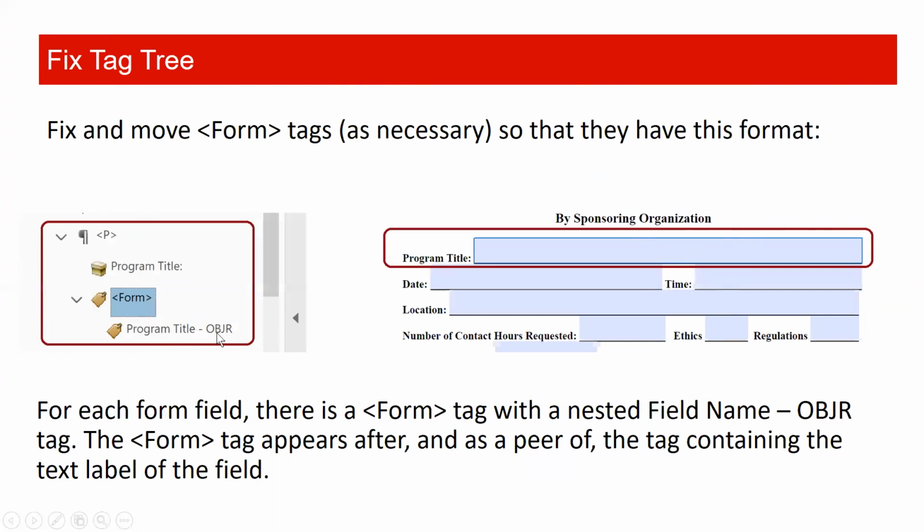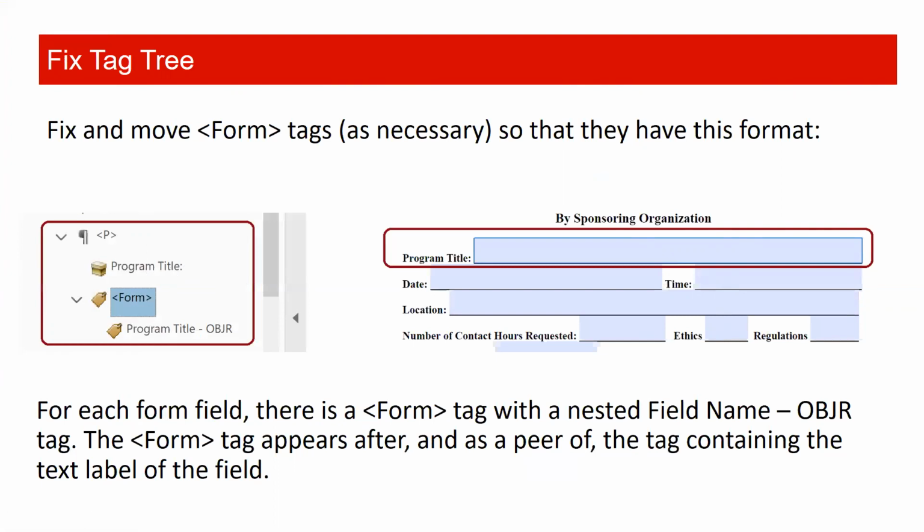So that OBJR tag is named program title OBJR. So we need a form tag with nested program title OBJR that is a peer and underneath the visible label of the field. So form is a peer. It's on the same level in the hierarchy as the visible label program title. So as the form text program title.